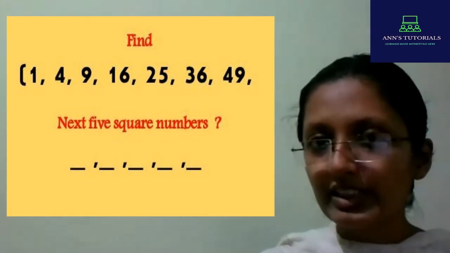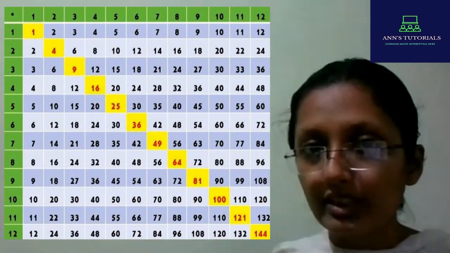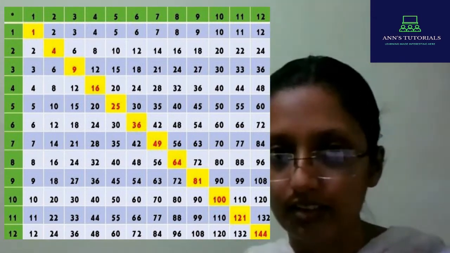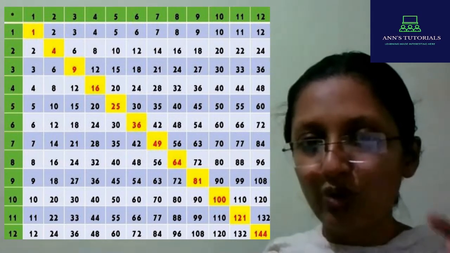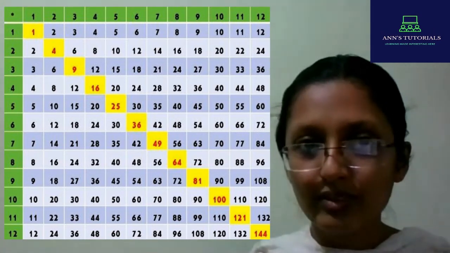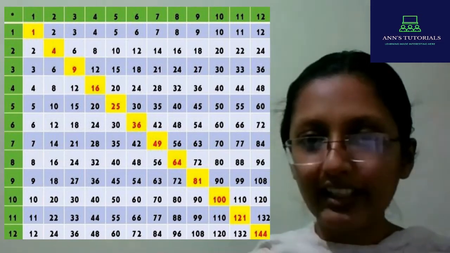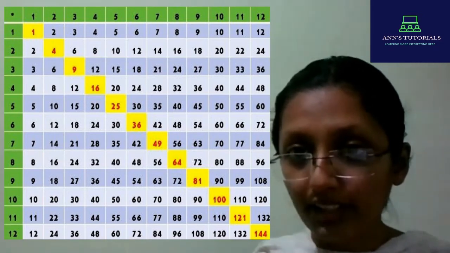In order to solve this, we will look at a multiplication table. We can see the square numbers are forming a diagonal. So you can see 1, 4, 9, 16, 25, 36, 49. So what will be the next 5 square numbers after 49?